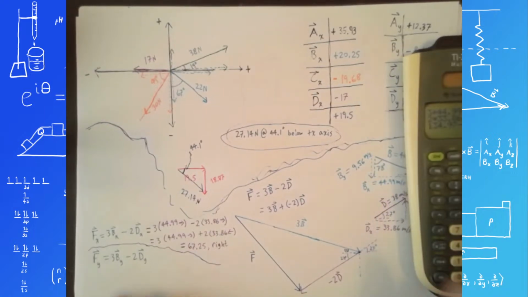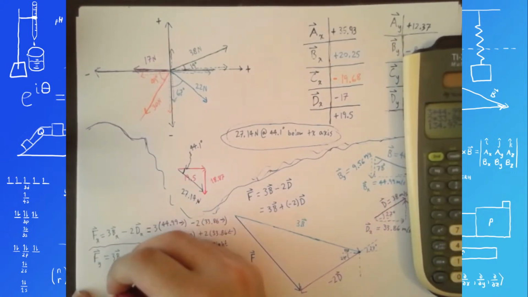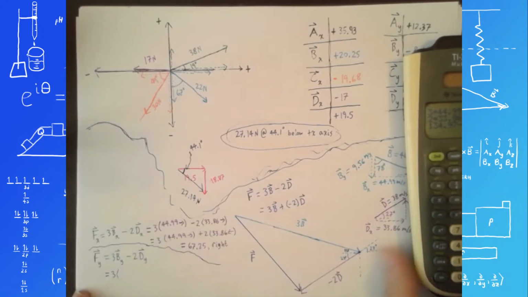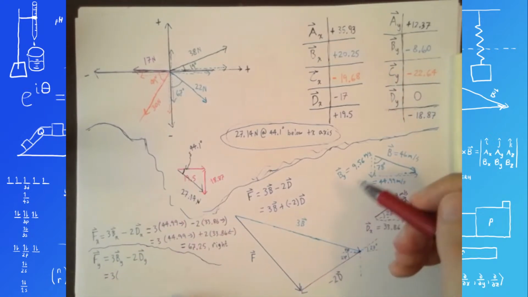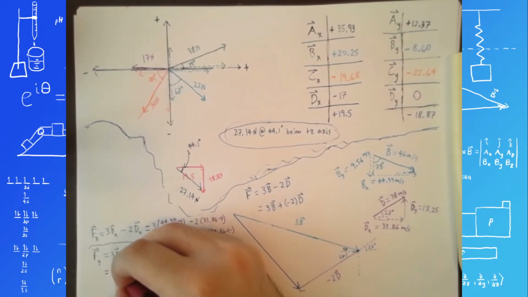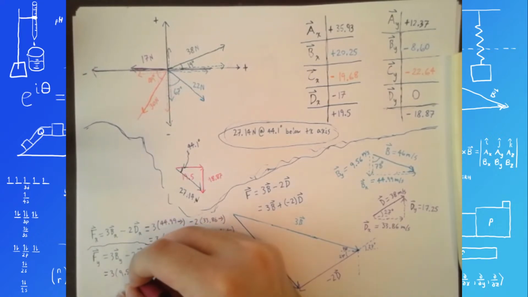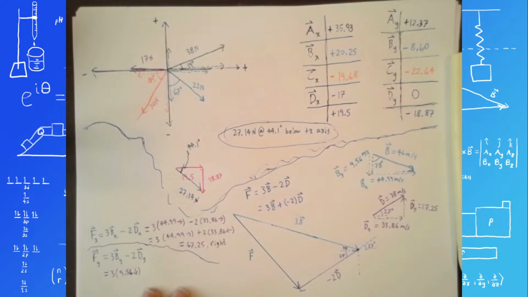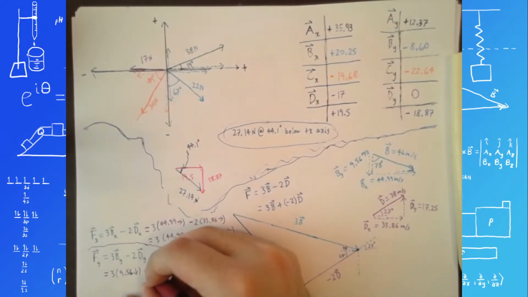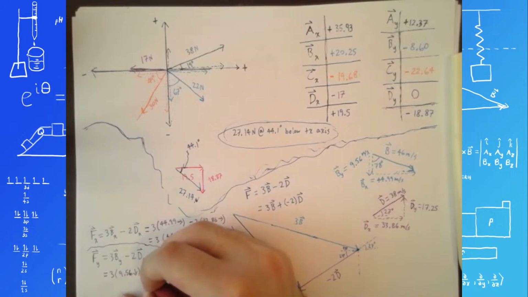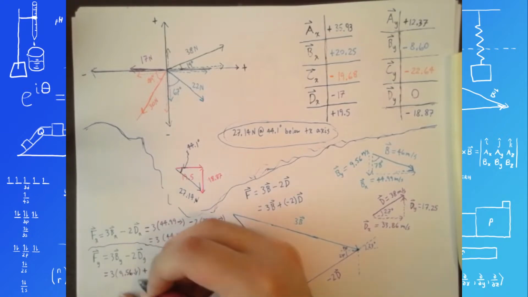Okay, what about Fy? So Fy, we've got 3 times By is 9.56 down. And minus, well, I'll skip that part. I'll switch it to a plus immediately.